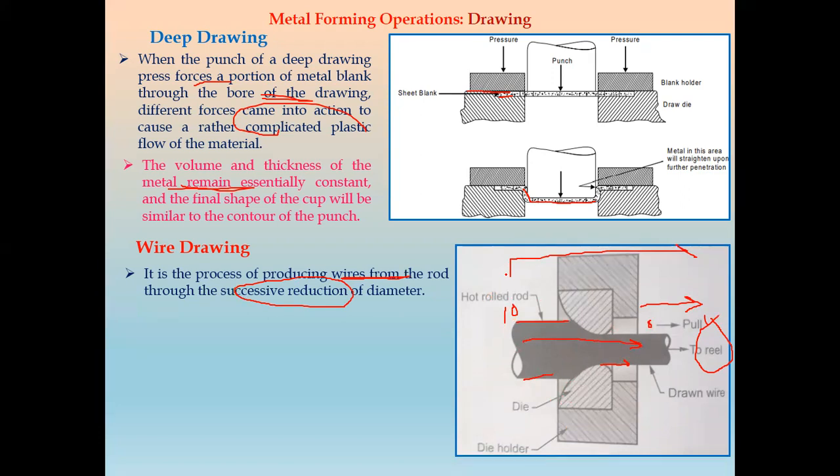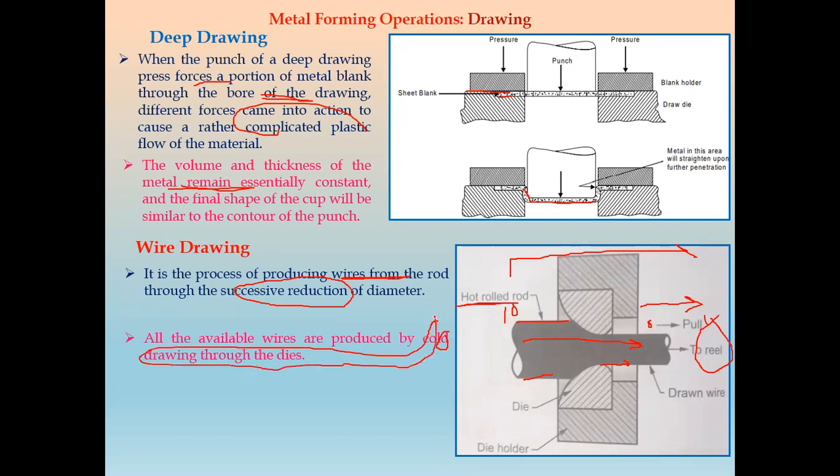We can make these wires by successive reduction. All the available wires are produced by cold drawing, using a hot rolled rod through a die.